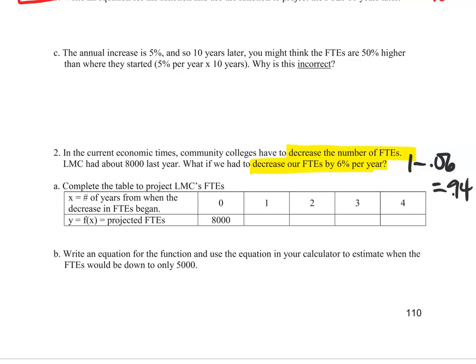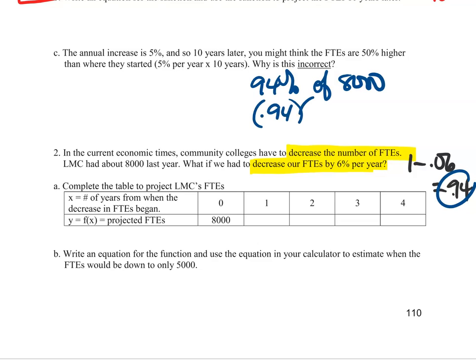After a year, a decrease of 6% is the same thing as 94% of 8,000. So that is 0.94 times 8,000, which is equal to 7,520.